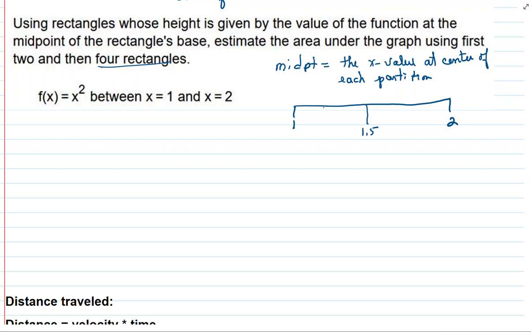And then this would be 1.25, right? And 1.75. Does that sound right? Okay, so that makes delta x what? A quarter, or 0.25. And I do it this way just because it's easier. I do fractions more than I do decimals.